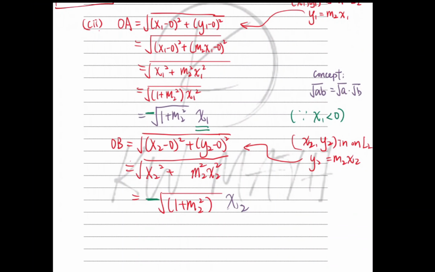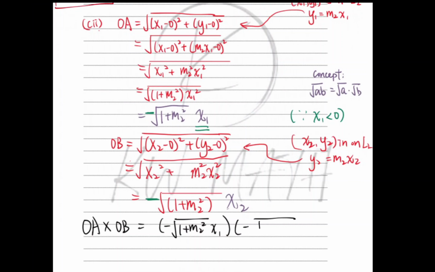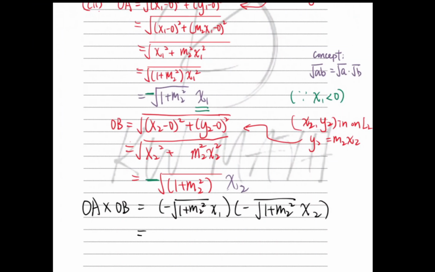Next one, for finding OA times OB. So copy the expressions and then you get the positive value.